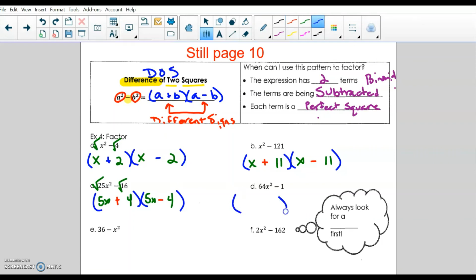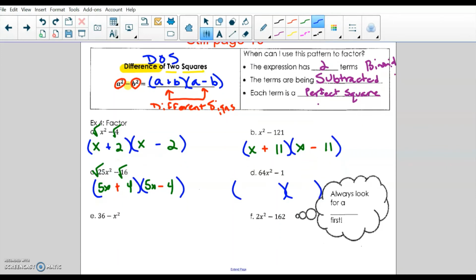D problem. Square root of 64x squared is 8x. The square root of 1 is 1. Different signs, and we're good.